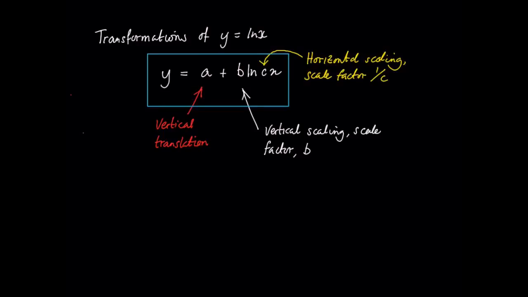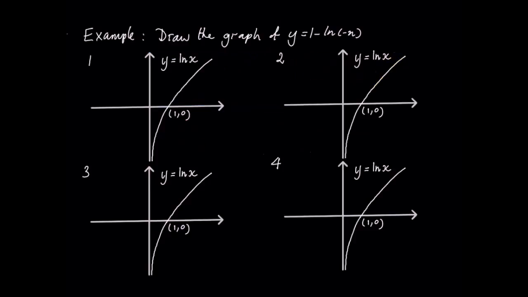Let's have a look at applying some simple transformations to the logarithmic graph. We'll start with the graph of y equals log of x, illustrated in figure 1 but duplicated in all of the 4 figures so that we can see how each transformation relates to the original graph.